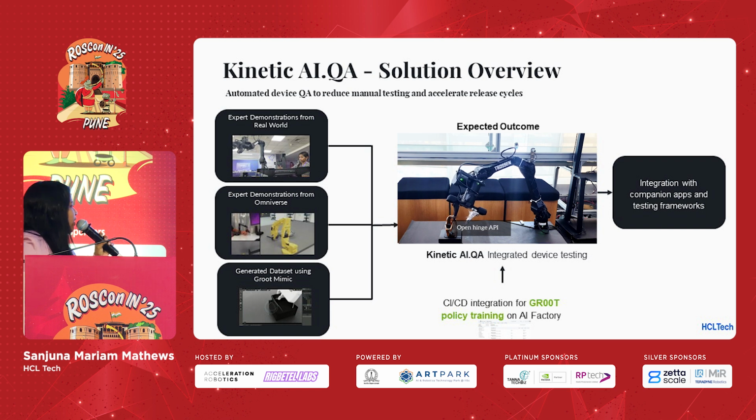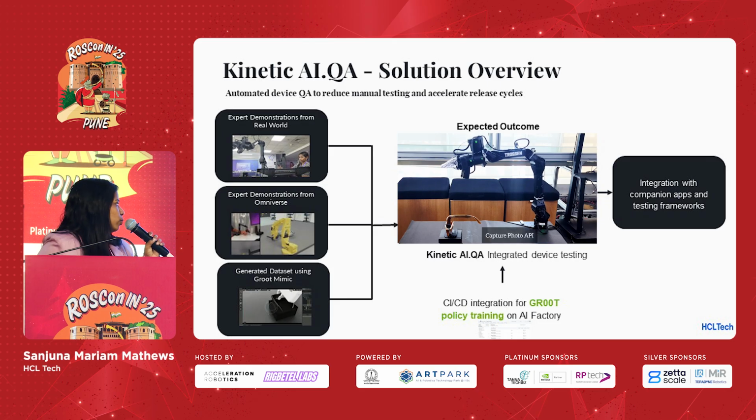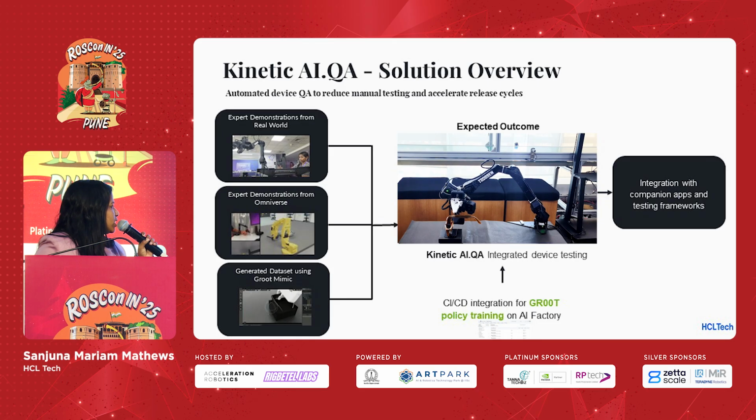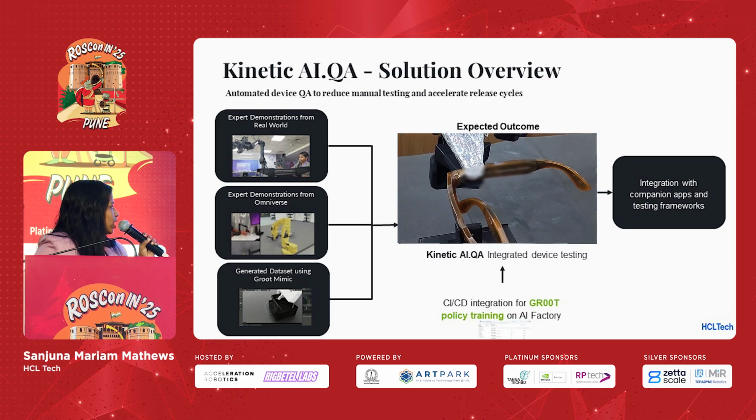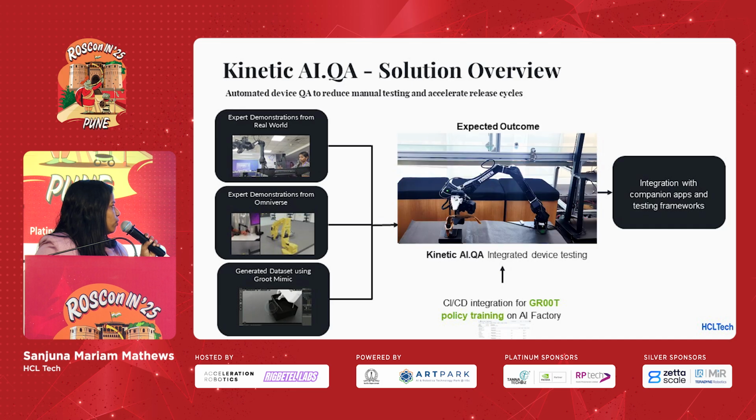So basically we can collect demonstrations from different means, and this will be the expected output. We are not in the real world stage yet, but this is automated scripting using rule-based programming. We are showcasing what the expected output is.